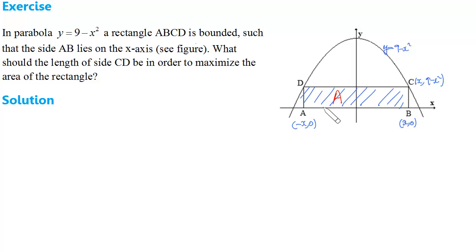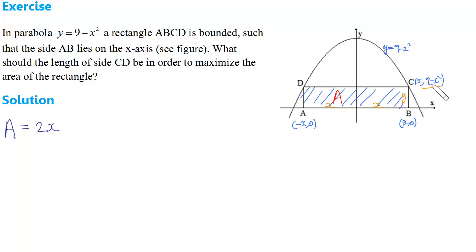Now, I know that the area is going to be base times height, and the base, well, this bit is x, this bit is x, and this bit is y, but y here is equal to this. So if I put all this into the formula, I've got that A, the area, which is base times height, which we said is 2x is the base.